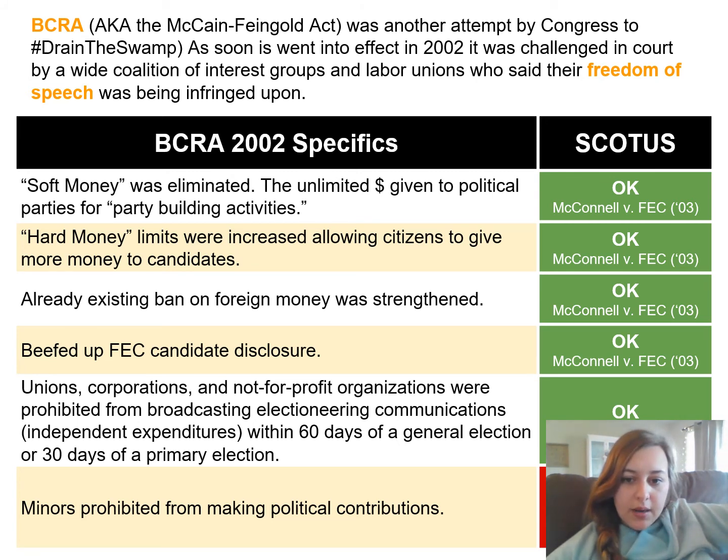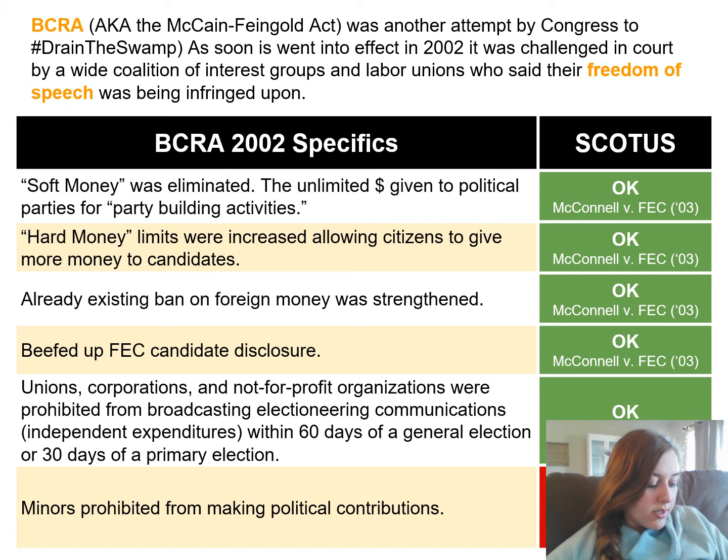There's an existing ban on foreign money at this point already that is beefed up and strengthened. Candidate disclosure, or having to kind of display your financial records for the campaign, that is beefed up as well.